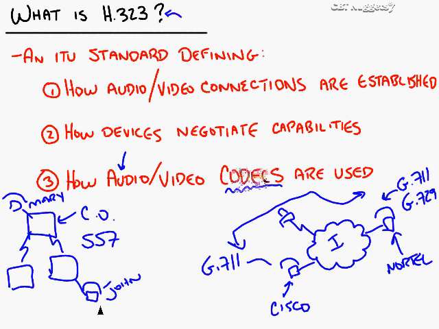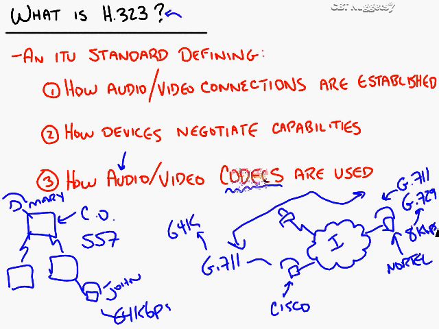Here's the beauty. The audio and video codecs, and there are many of them defined for H.323, range in bandwidth consumption from G.711, which also consumes 64K, down to codecs like G.729, and this is just one of them. Guess how much? 8 kilobits per second. 8K. So what we're doing is we are actually increasing the efficiency of our voice call to take 1/8 of the bandwidth that the traditional world does.